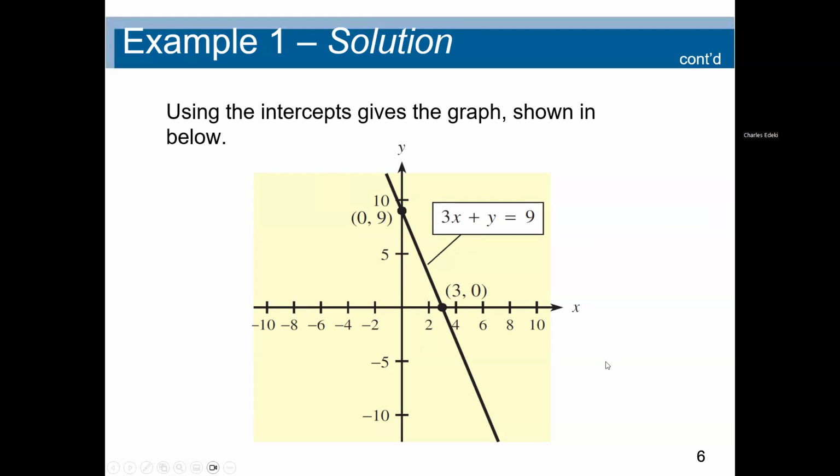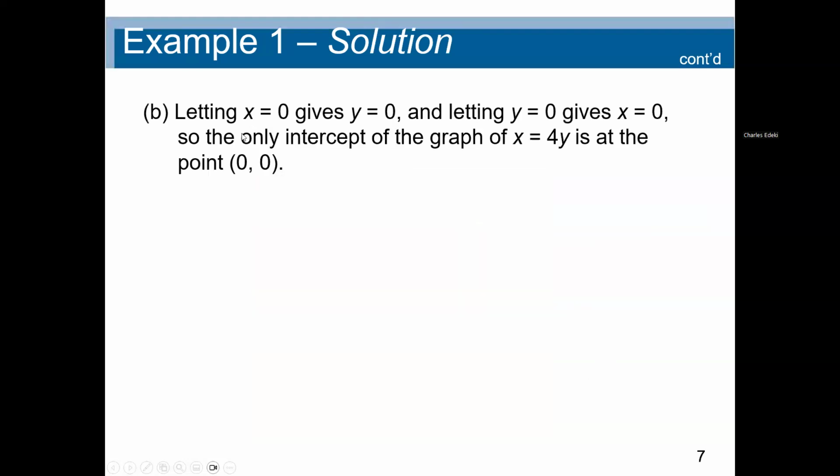Now, let's see the second example. In the second example, we let x equal to 0, and that gives us y equal to 0 because x equals 4y. So if x is 0, then y will be 0, because 0 divided by 4 will give us 0.